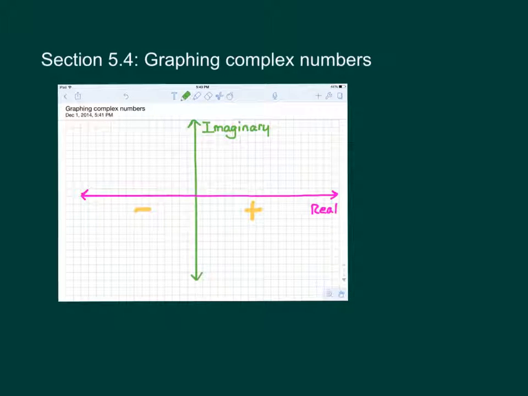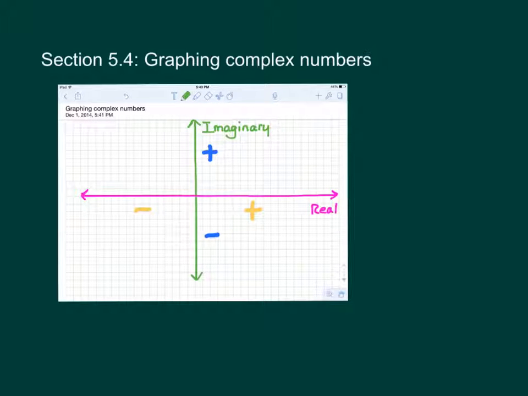And we have the y-axis now being called the imaginary axis. And in the same way that up is positive on the y-axis and down is negative on the imaginary axis, that's still true. Where they intersect is where everything is equal to 0.